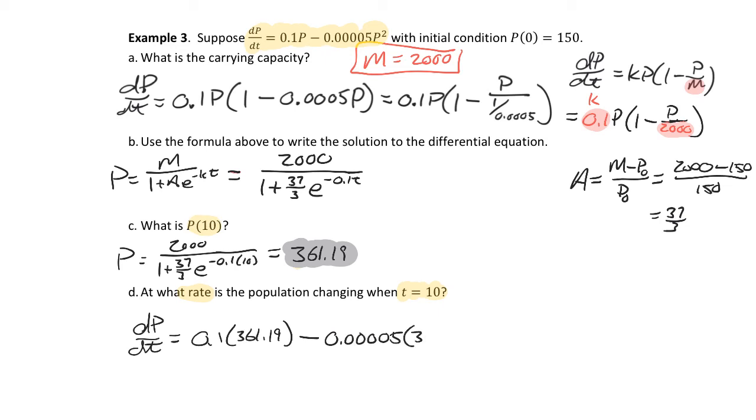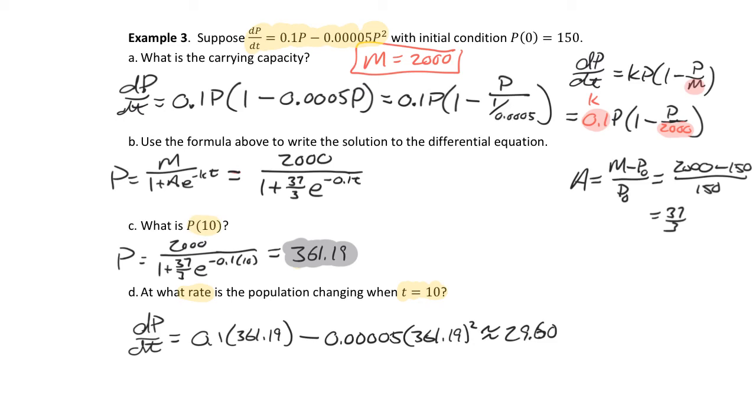P is 361.19. We're going to square that, which is approximately 29.60 something per something. We don't have units for P and T, but that's the rate at which the population is changing when T is equal to 10.